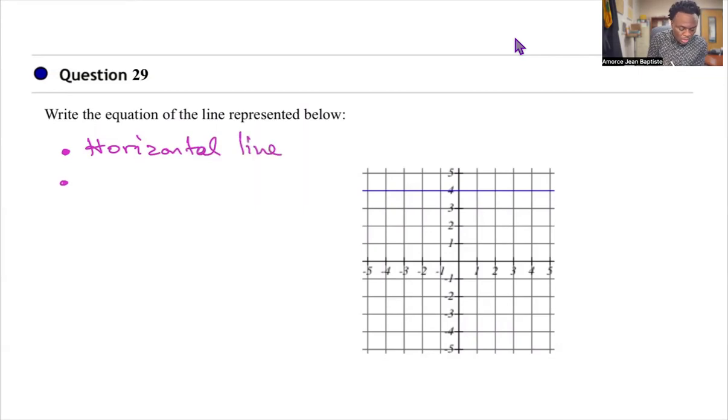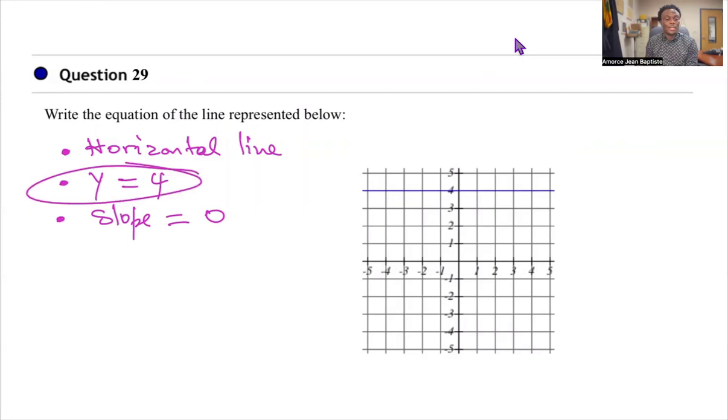Because it's horizontal, it intersects the y-axis only at 4, so that's y equals 4. And because the equation has no x, that is a line with slope equals 0. So the equation of the line is y equals 4.